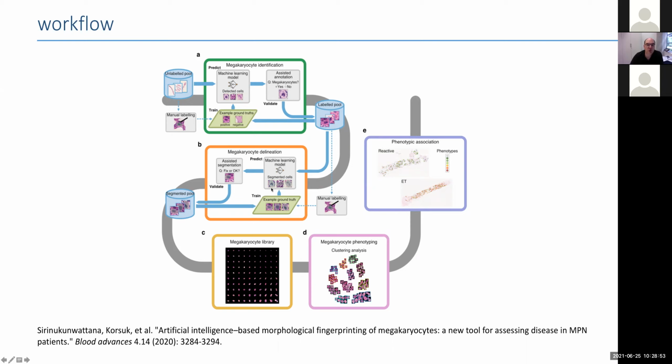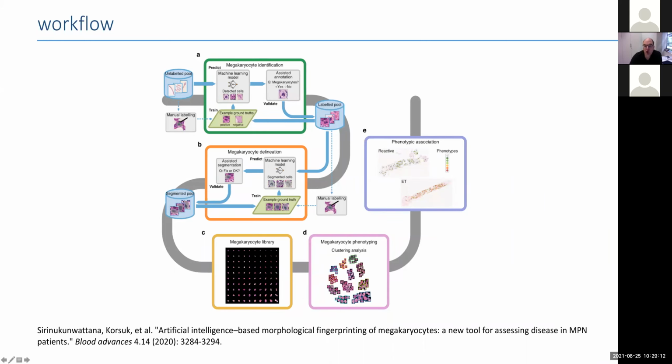Then we do the same for the segmentation. Again, there's a validation loop in here where pathologists confirm that this is a well-segmented megakaryocyte. And then we built a library of these megakaryocytes using clustering methods.